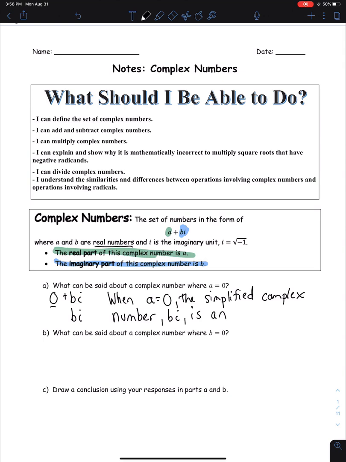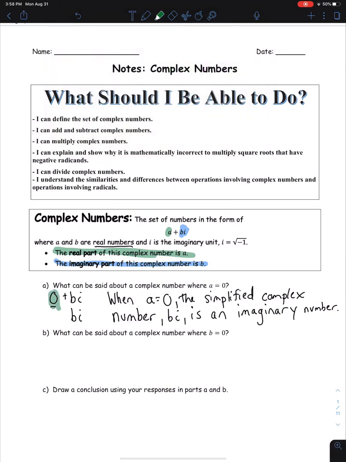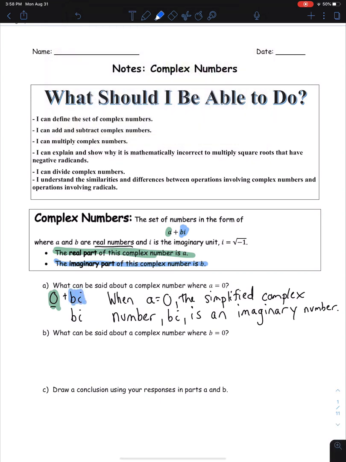An imaginary number. And is it still complex? Yeah, it's still a complex number because the real part just happens to be 0 in this case, and the imaginary part is bi. B, in this case, is a real number, so this is still a complex number.